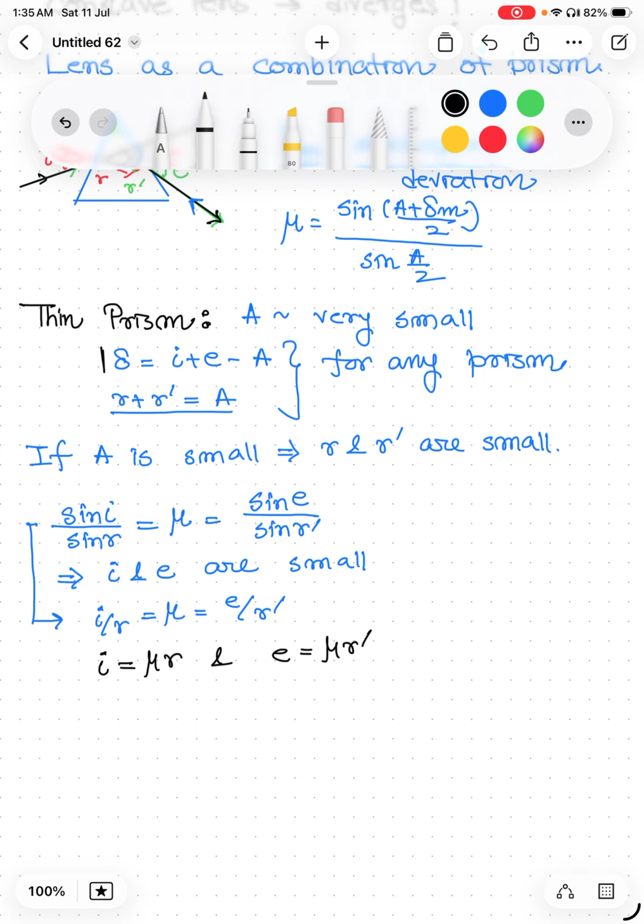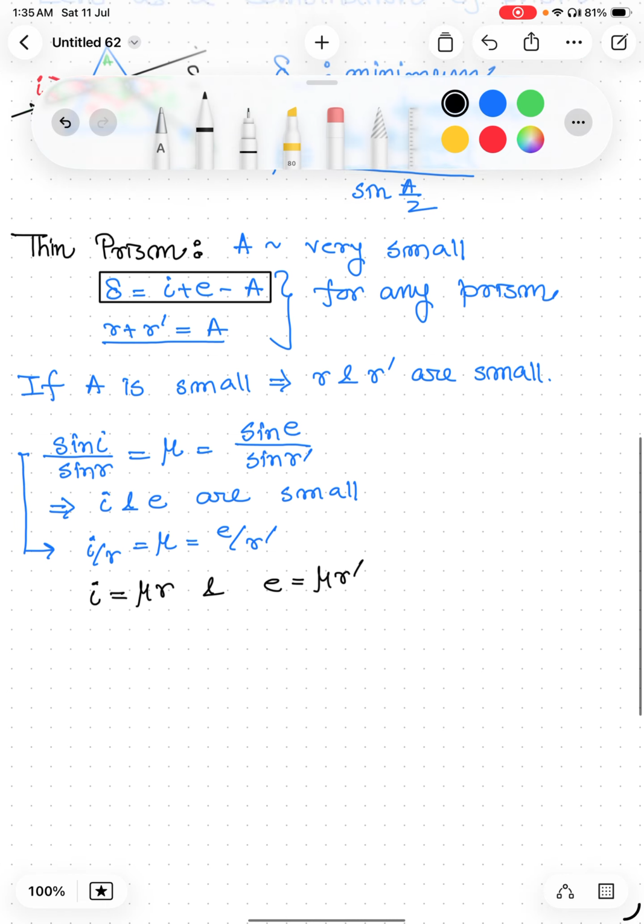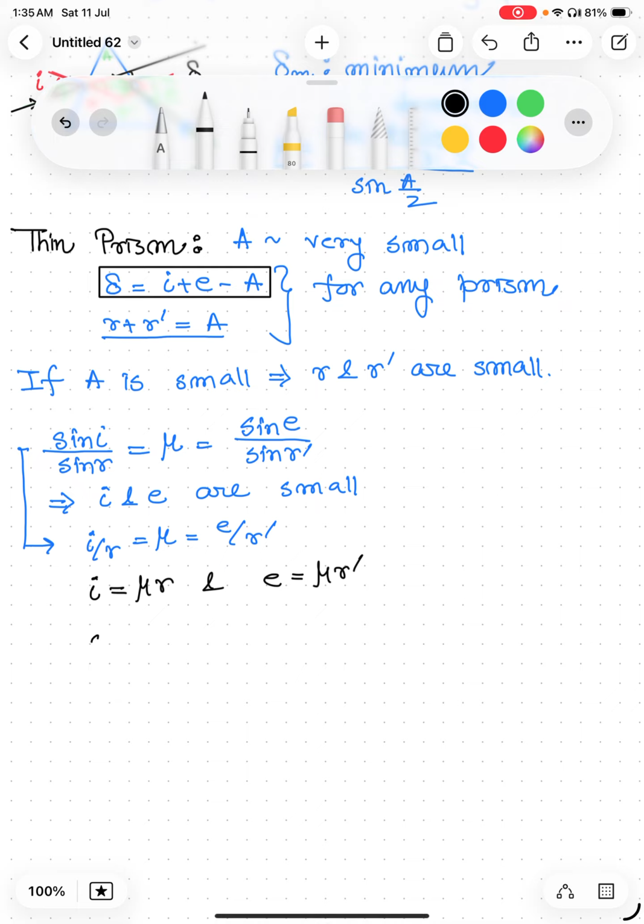Put that formula here, which gives delta equals mu into (R plus R dash) minus A. But R plus R dash is equal to A. So delta equals (mu minus 1) into A. Now this formula is true only for a thin prism.